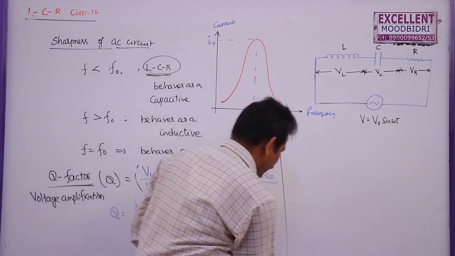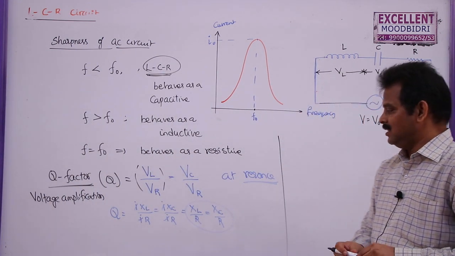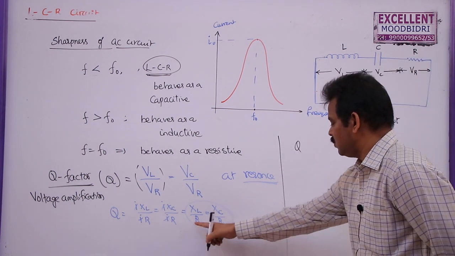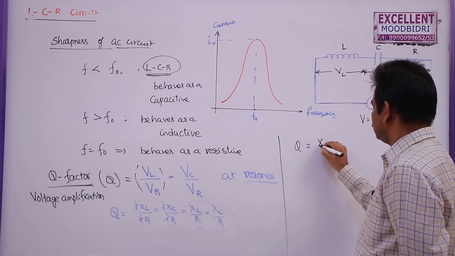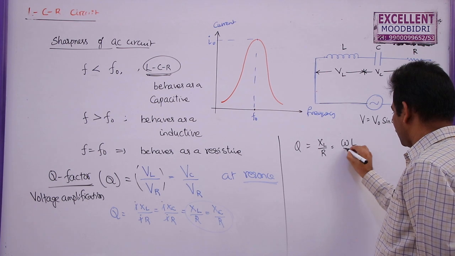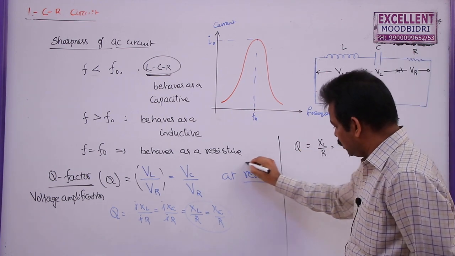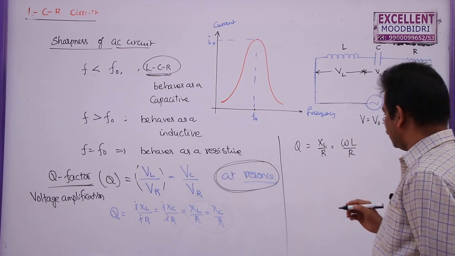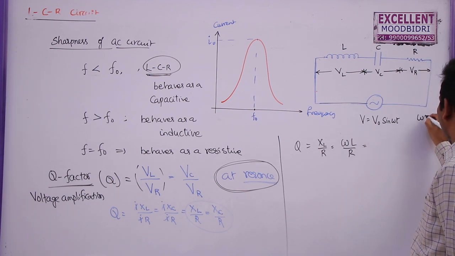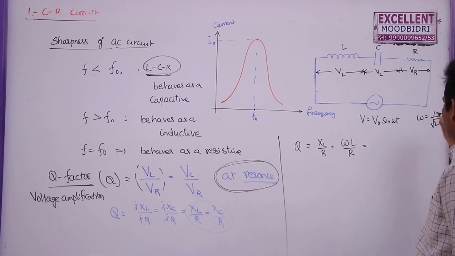Now, if you want to find this in terms of L, C and R, let me take the quality factor from either the first equation or the second equation. This is equal to XL by R. XL is nothing but omega L by R. As the quality factor is defined only at resonance, omega is equal to 1 by root LC.